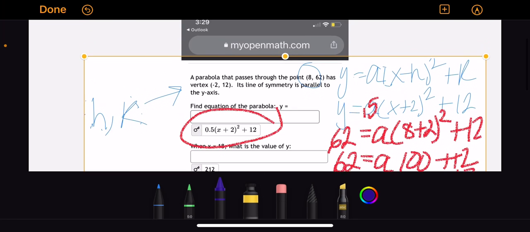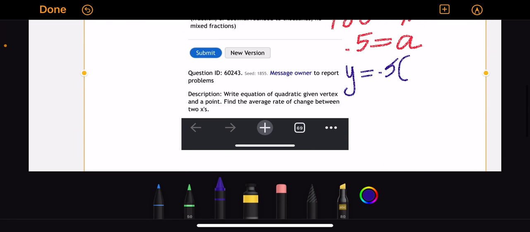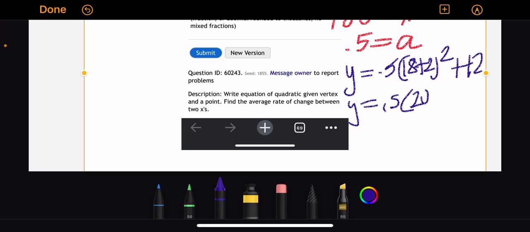I forgot. 18. So when x is 18, that's plus 2. Yeah. So 18 plus 2 squared. So now you just do the math, right? You just go 0.5, 20 squared plus 12, and then find out whatever that is, right?